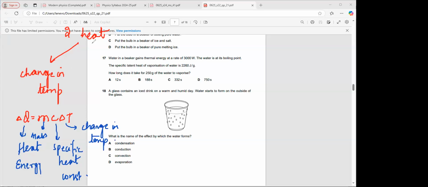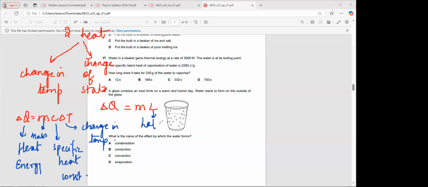Secondly, if there is a change in the state, okay. Second is change in state. States, you understand states of matter. So there is change in state, means solid to liquid, liquid to vapor. Like this, there is a change in state. Then the formula is delta Q is equal to M into L. That is called latent heat. Now see, delta Q is the heat, M is the mass.